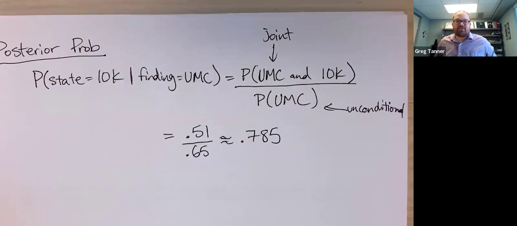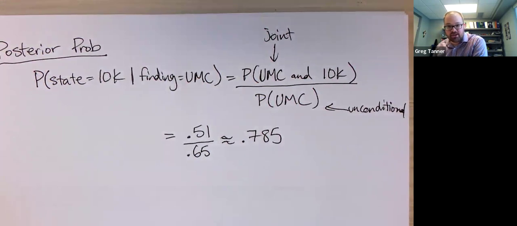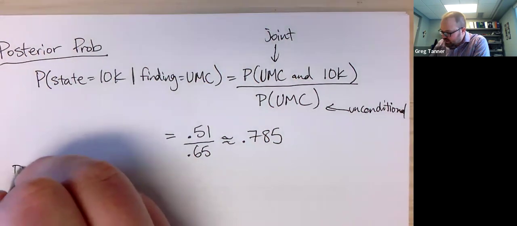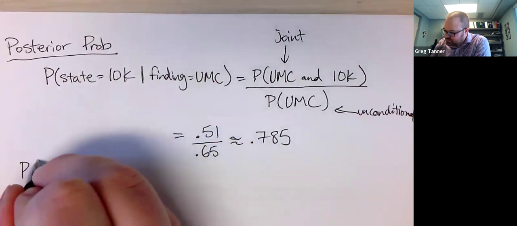So about a 78.5% chance of selling 10,000 computers if the market research comes back with a finding of unfavorable market conditions. Okay. Let's go ahead and do the rest of the posteriors.